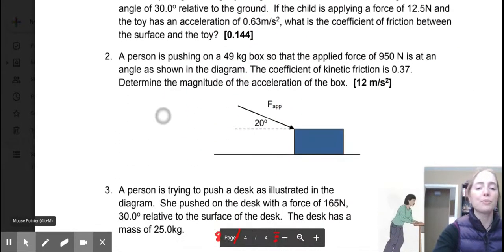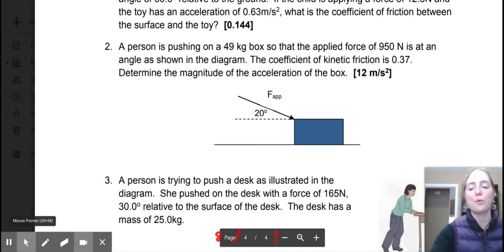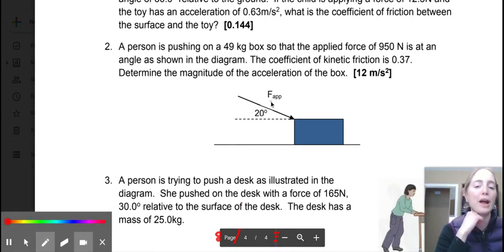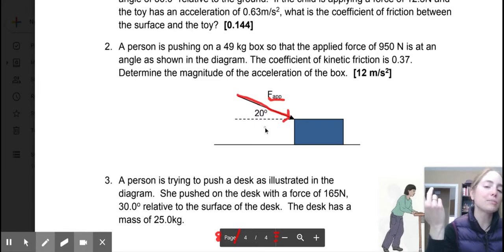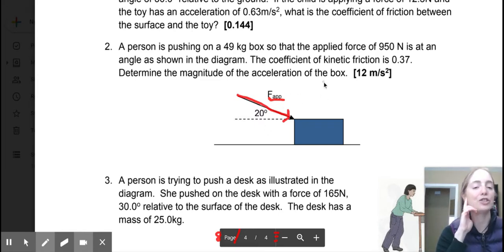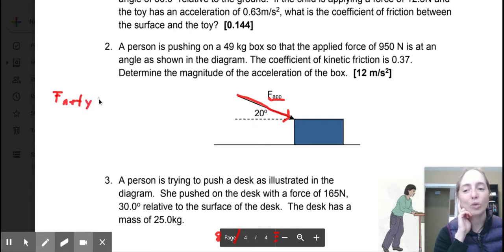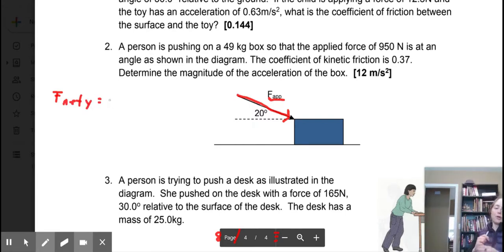And I want to bring to your attention before we go some of these scenarios where you have your force applied acting at a downward angle here. Your concept is going to be the same. However, the biggest difference with these, ladies and gentlemen, is when we're making our F net equation on the y. So I just want to build this equation with you here for these cases where we are working on a downward angle, because the last two questions were upward angle.